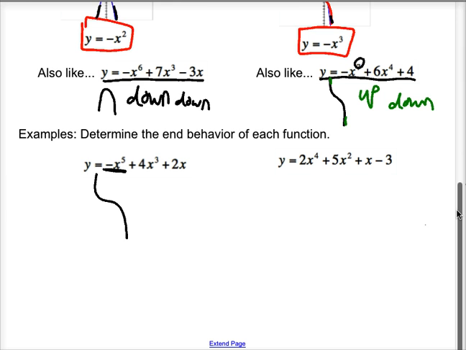So I expect to see a rough sketch from you, because that's what's going to show you starting up and ending down. So you get the up-down behavior.